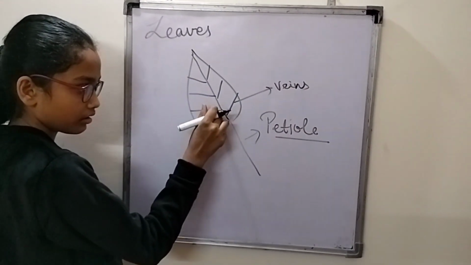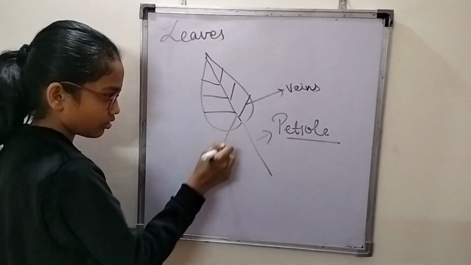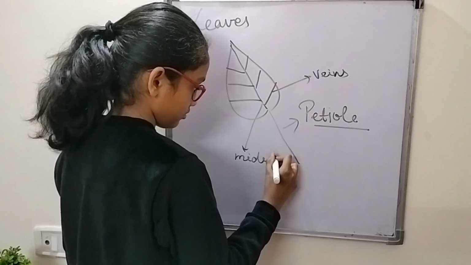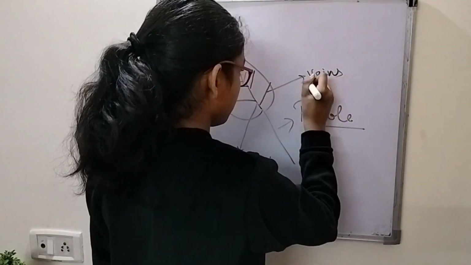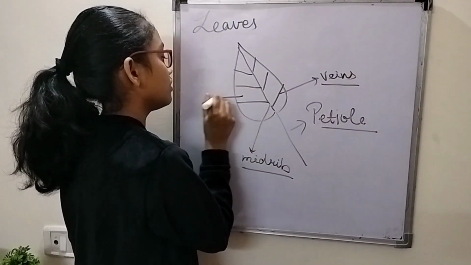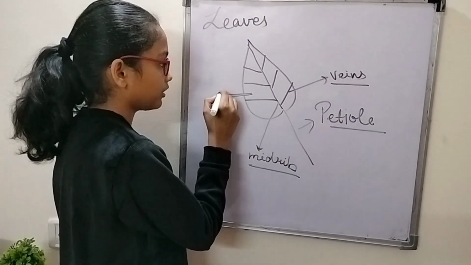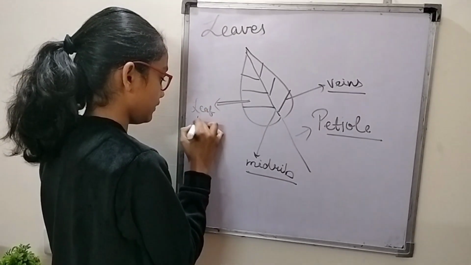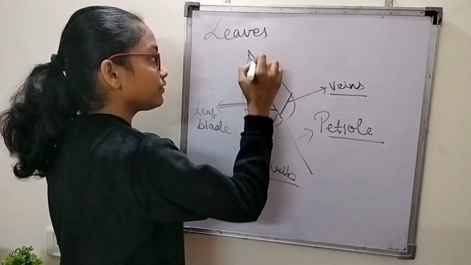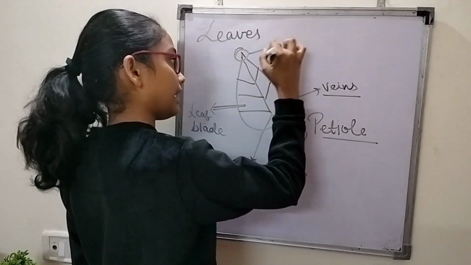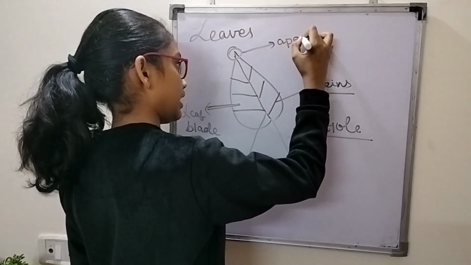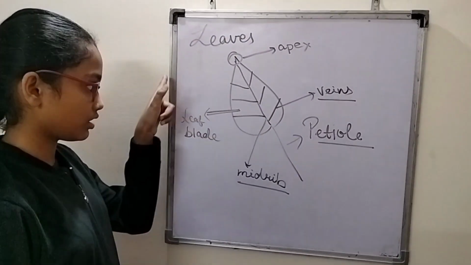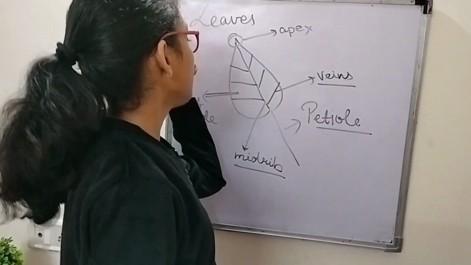This mid part is known as midrib. This green part of the leaf is known as leaf blade. This tip is known as apex. So these are the main parts of the leaf.